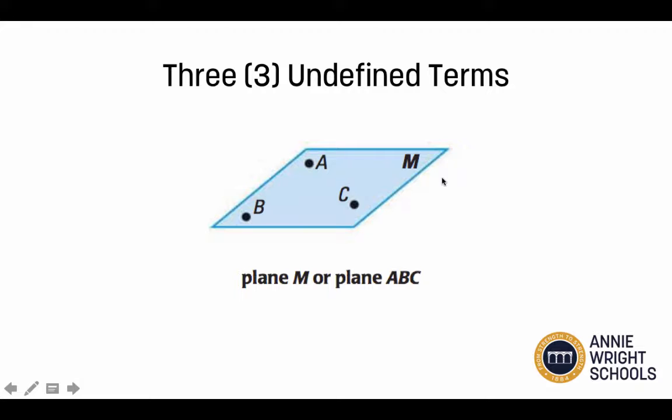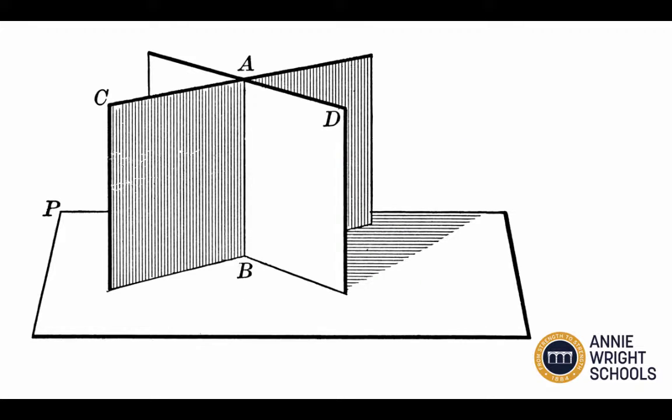We live in an incredible world where you can just type into Google intersecting planes and get an image like this. So what you can see here, and this is a little harder, you have plane P down here, extending forever. You have plane C right here with the kind of vertical lines. You have plane D here, and then you have points.